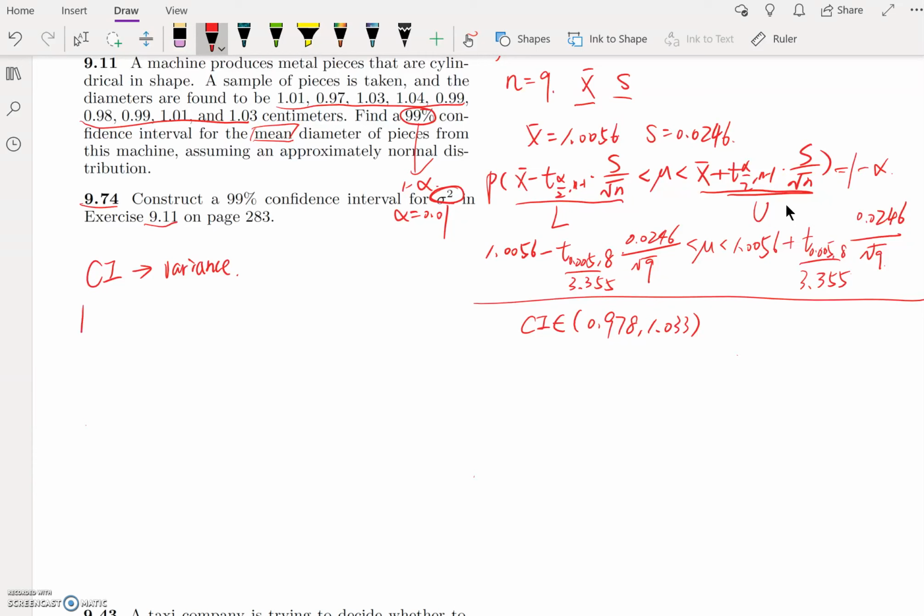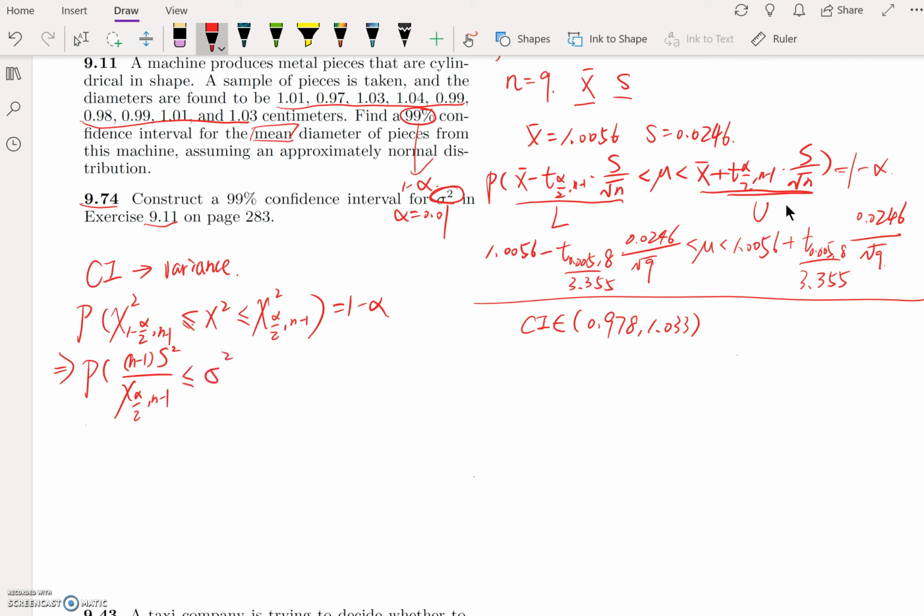From the lecture notes, we know the confidence interval is n minus 1 times s square divided by chi-square alpha over 2, n minus 1, less than sigma square, less than n minus 1 times s square divided by chi-square 1 minus alpha over 2, n minus 1.